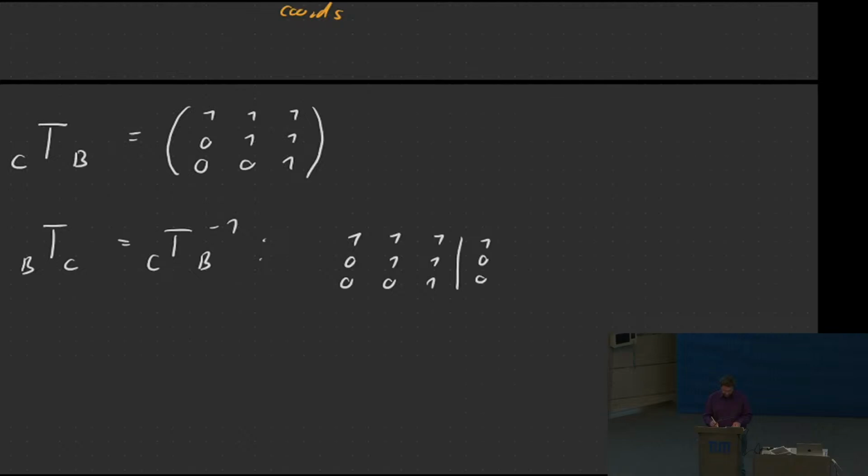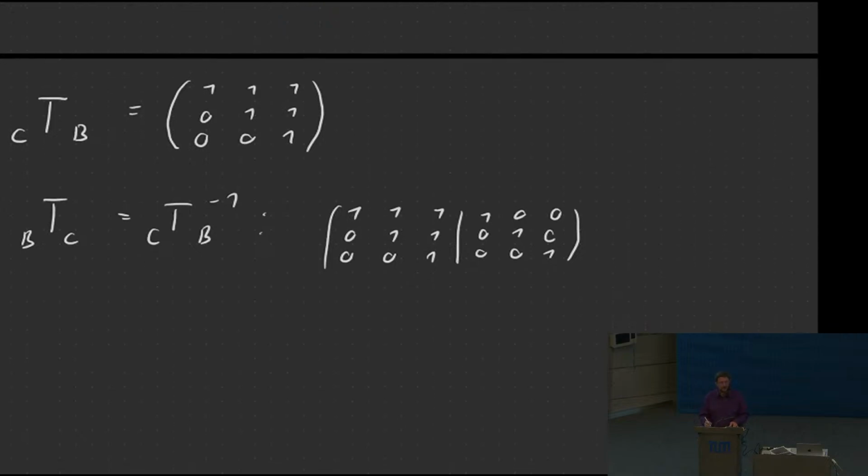We write down that matrix, we write down the identity matrix on the right, and then we do Gaussian elimination to get an identity on the left and the inverse on the right. In this case, that is pretty easy to do. We just need to subtract the third row from the second and the first one.